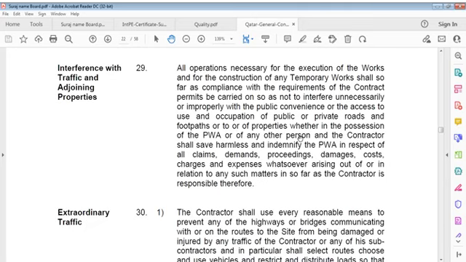Interference with traffic and adjoining property.